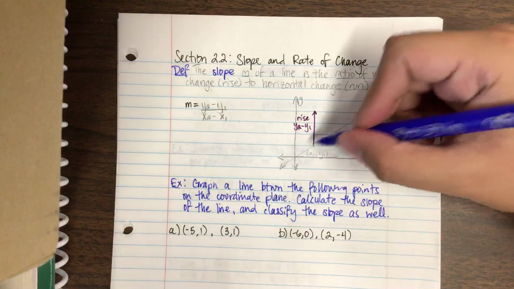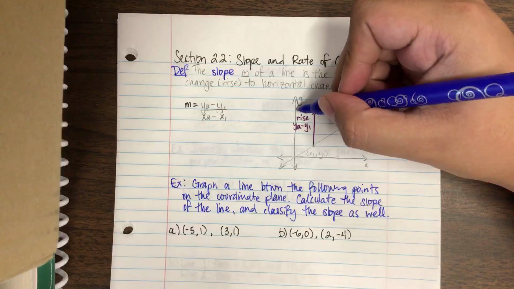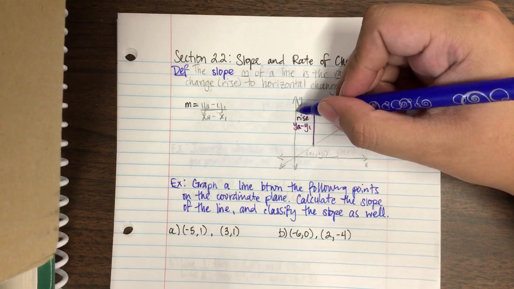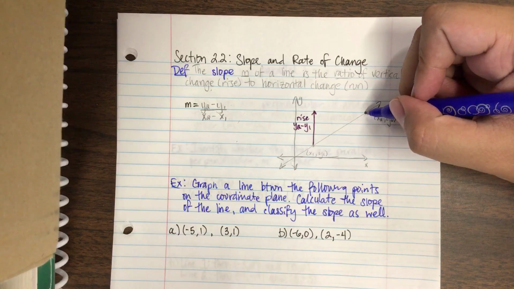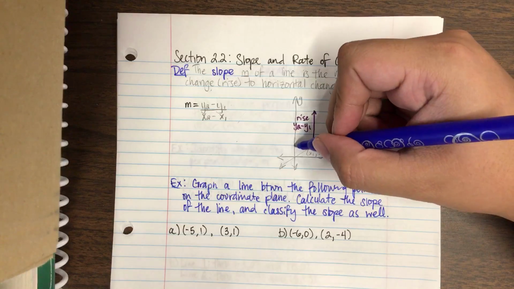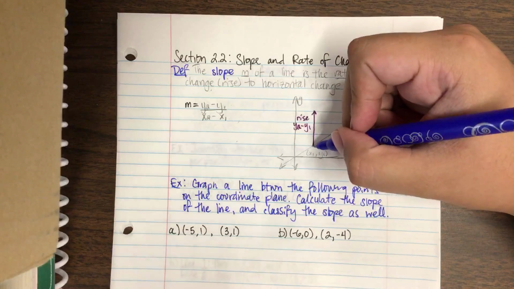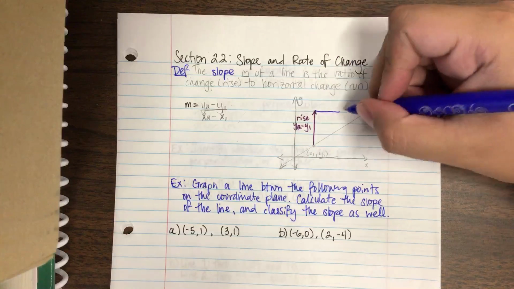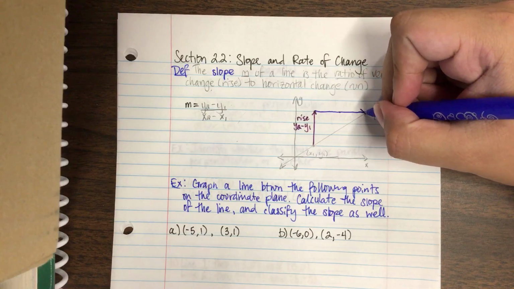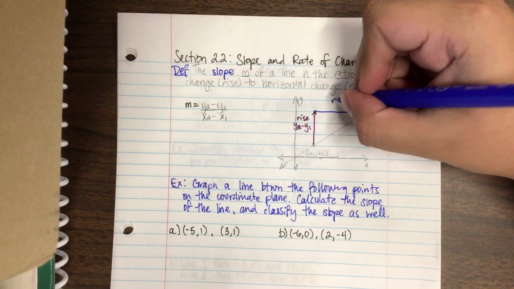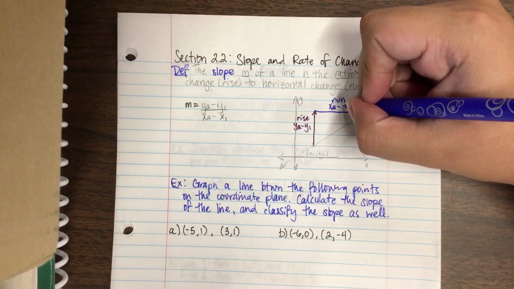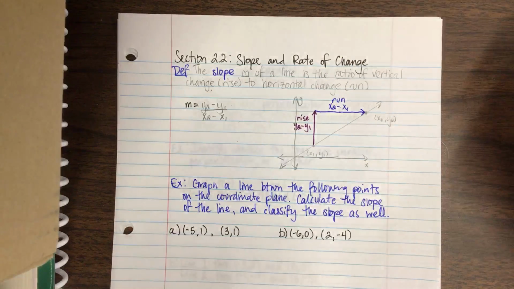It's the x2, so from the y-axis, the x equals 0 value, from there to our x2, minus from our y-axis to our x1. When we subtract those two, we get this distance graphically, and that's our run, x2 minus x1.